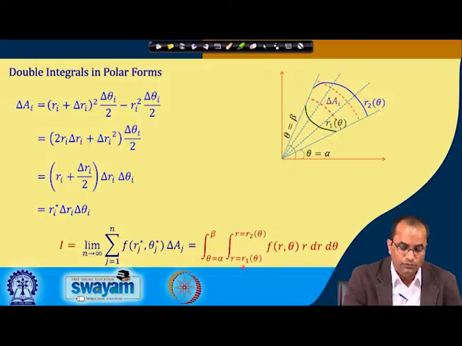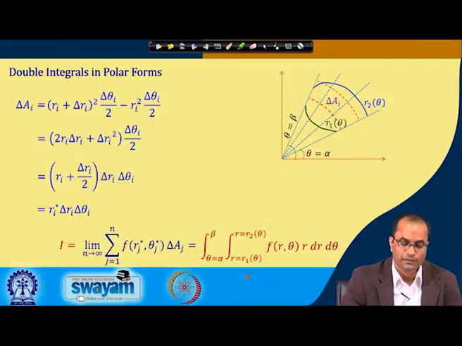And now the limits we have to consider for this domain are given in the polar form, so it is very easy. For r, we are entering the domain from r 1 of theta and exiting the domain at r 2 of theta, and theta varies from the angle alpha to beta.